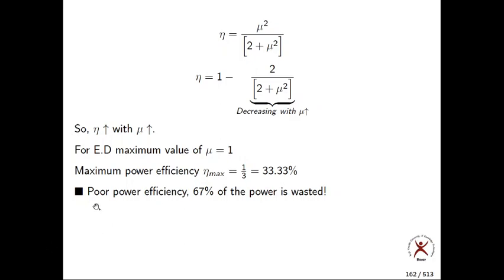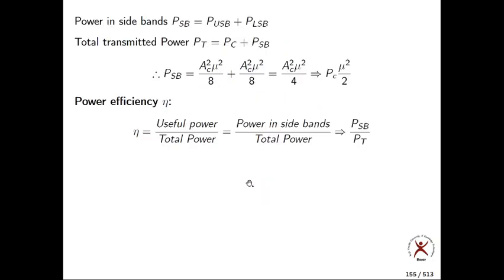Now this is very important: poor power efficiency, because 67 percent of the power is wasted. What do you mean by 1 by 3? Suppose eta equals 1 by 3. Useful power by total power equals 1 by 3. What do you mean by that?